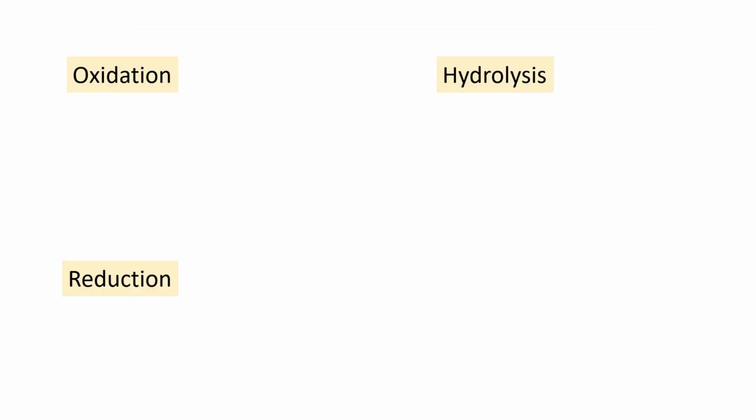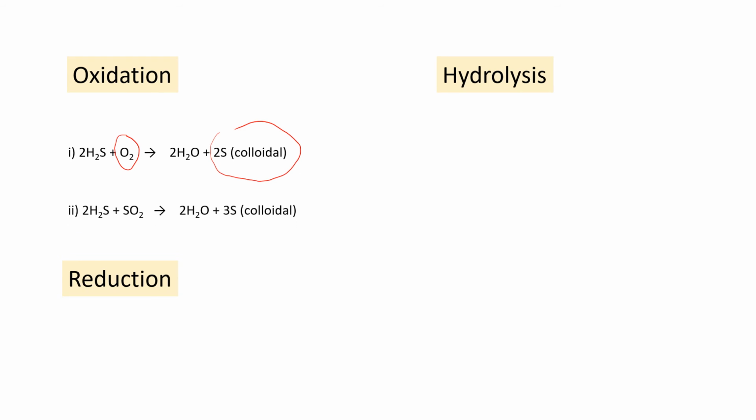For the oxidation method, we have hydrogen sulfide in water exposed to air or oxygen, so there will be a formation of sulfur in colloidal form. Another way is to take hydrogen sulfide gas and mix it with an aqueous solution of sulfur dioxide to produce colloidal sulfur.